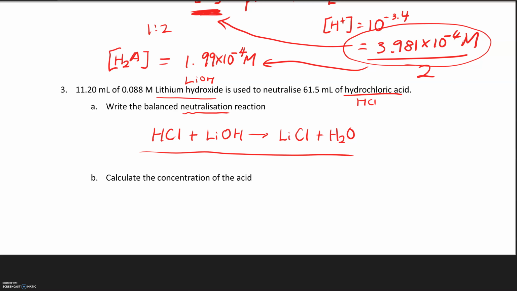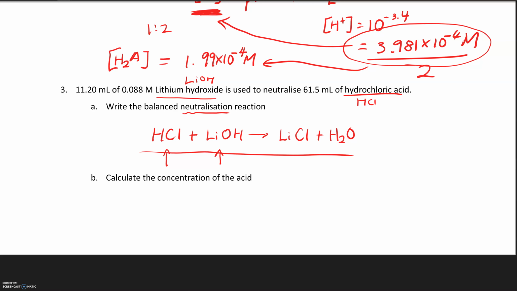Now this means however many moles of lithium hydroxide we start with, we're going to have the exact same amount of moles of hydrochloric acid, because we need the same amount of moles to neutralize each other out.